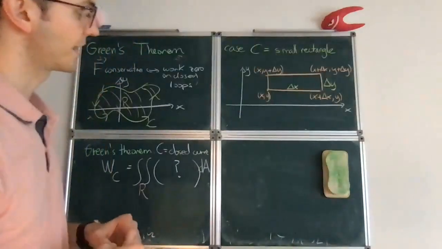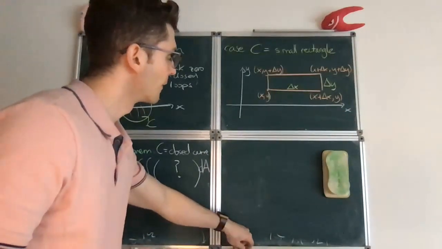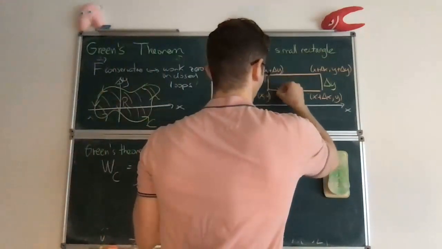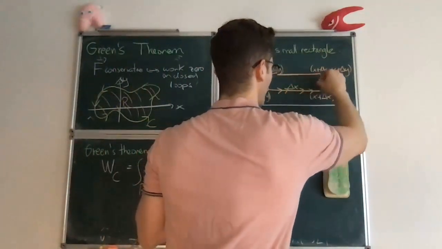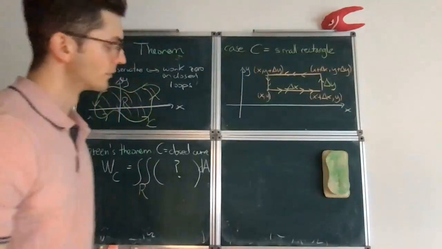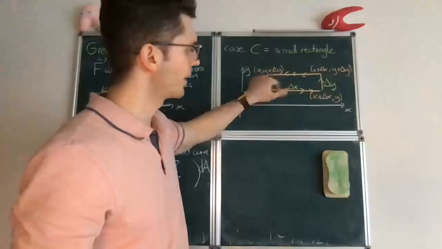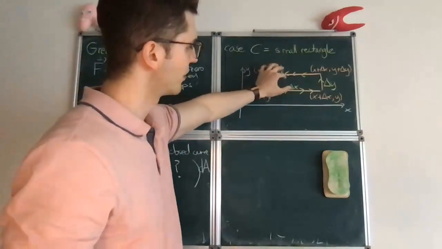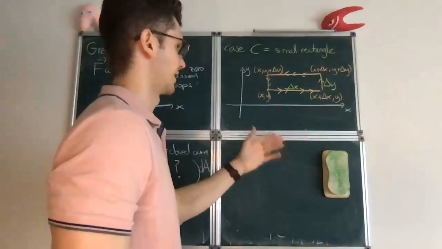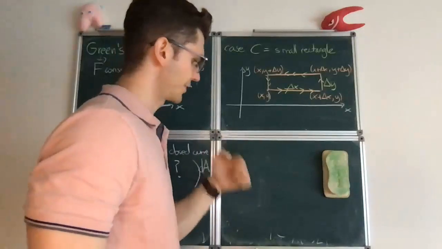Okay, so we have this rectangle, and again it's a closed loop. And we're going to move counterclockwise. The point of this orientation is that as you move along this curve, you see the region enclosed to your left-hand side. So let's try to understand what the work should be.